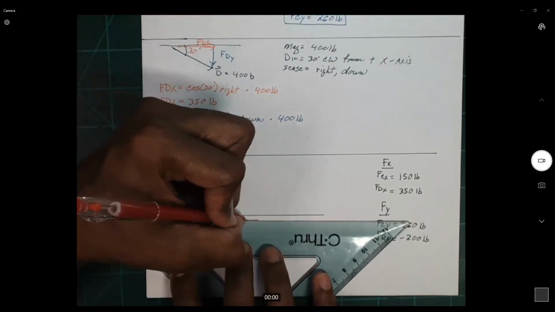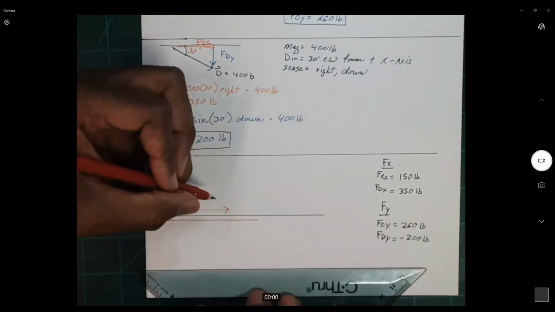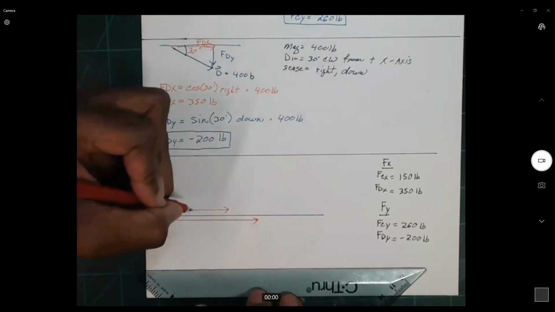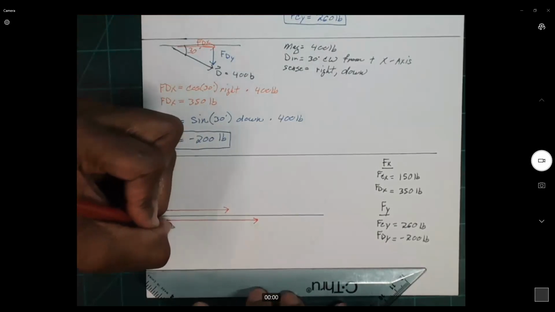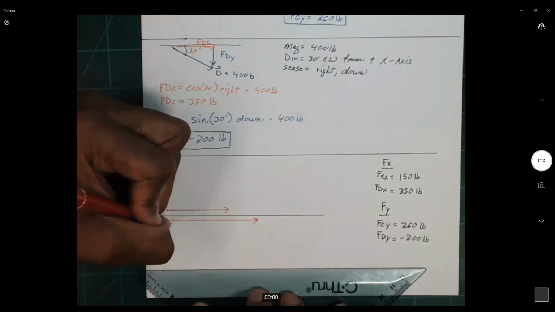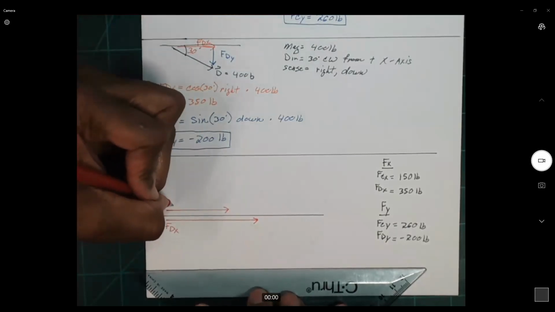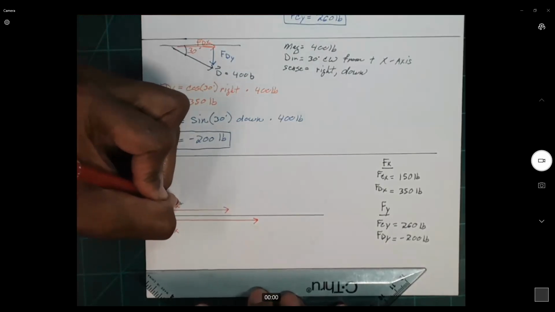We'll draw a longer arrow for force dx because the magnitude is greater than force cx. So this has force dx. We have force cx.